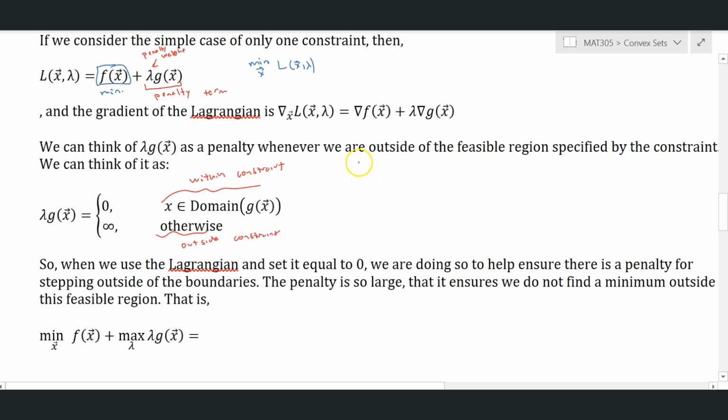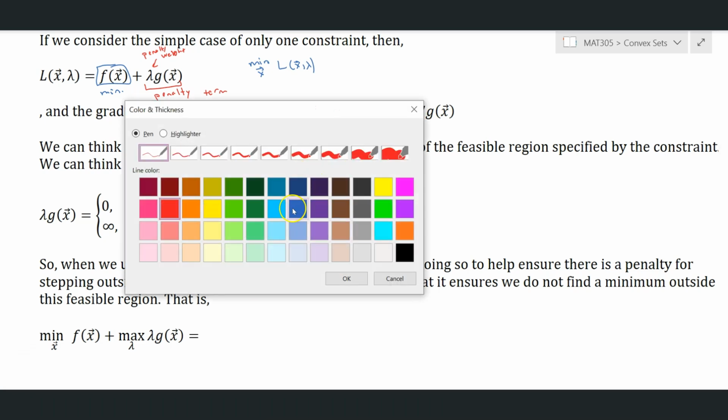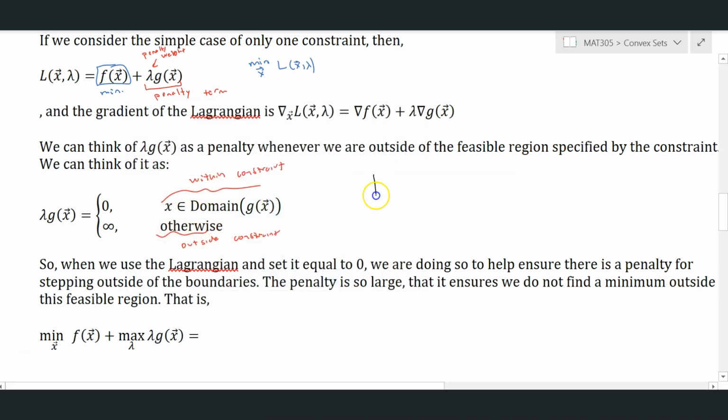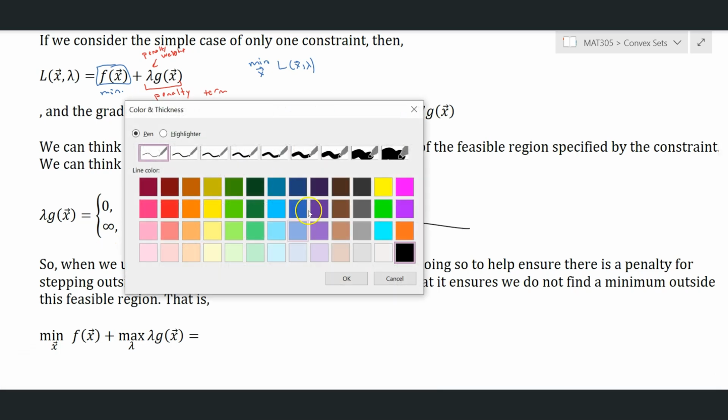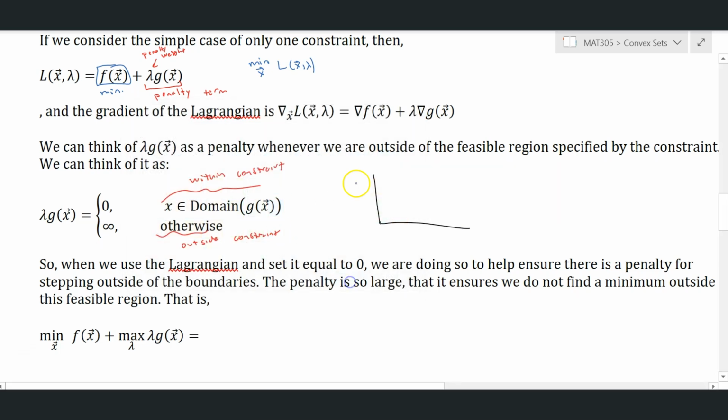The reason we write it this way is because we might think about the objective function as, let's say, f of x looks like this. And we'll say that this is f of x right here. Well, as we can see, if you're looking for a global minimum, the global minimum is clearly here, right? That's the lowest point on the curve, assuming that the function only increases in both directions.